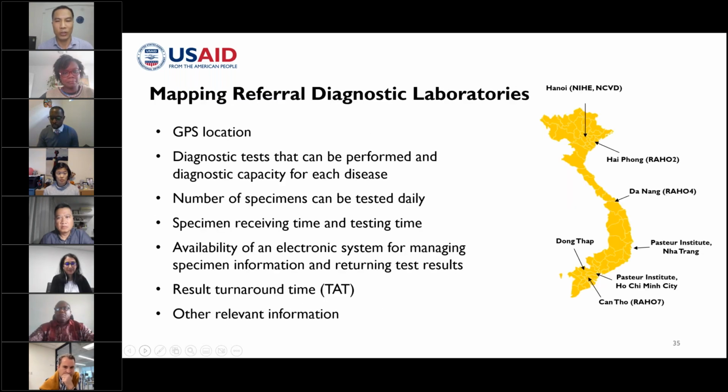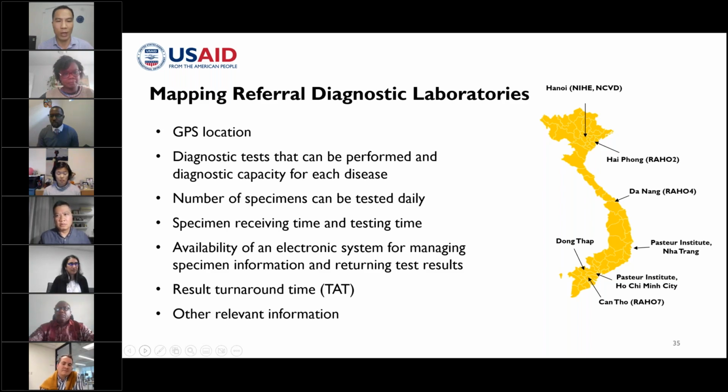And here I just want to give some examples of how we do some of the steps in the approach. First, about mapping of labs at the regional or national level. We often need to collect the GPS location, the type of test, and the test capacity in terms of number that can be done in 1 day or in 1 week.